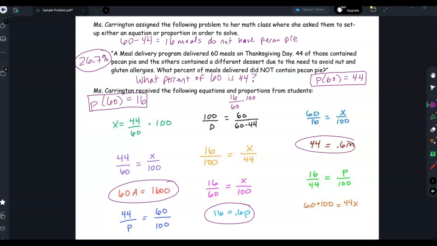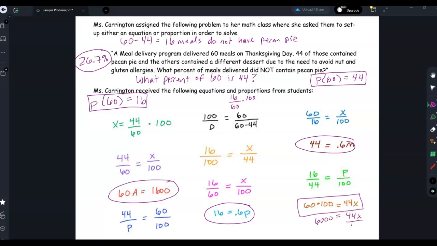Let's see. I think this one kind of looks like translation, maybe. That might come from the proportion method, so that might be something to revisit later. But again, we could go ahead and solve it, and if we get the same answer, then that means it's possibly correct. If I don't get the same answer, though, I could just rule it out. So if I do 60 times 100, that's going to give me 6,000.